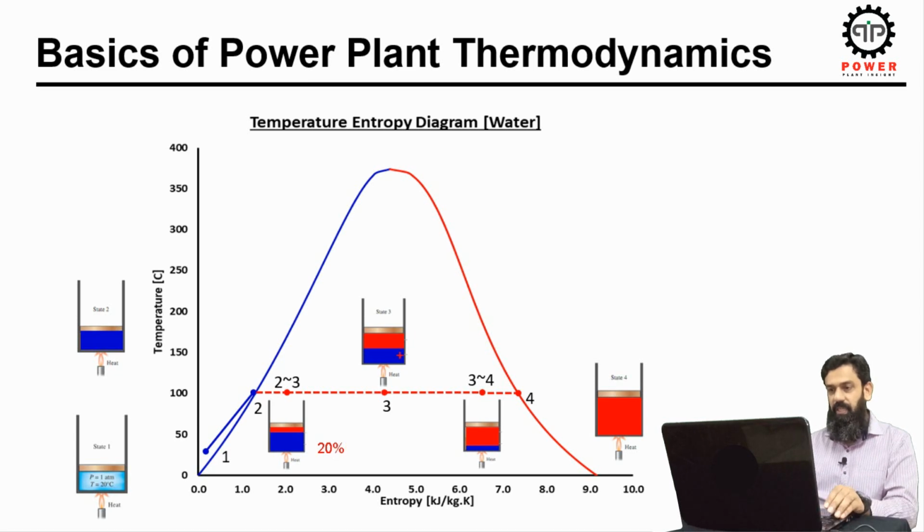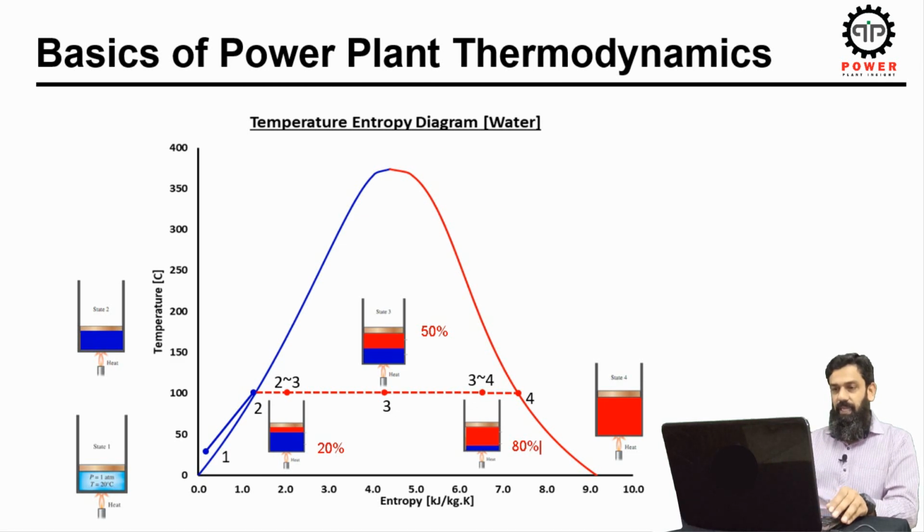At stage 3, 50% of the liquid has been vaporized and 50% has been left behind. It has a steam quality of 50%. At stage 3-4, 80% of the water has been vaporized or converted into the vapor phase, so it has a steam quality of 80%.